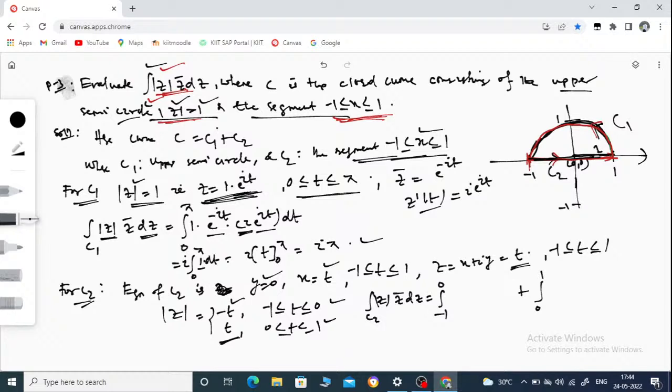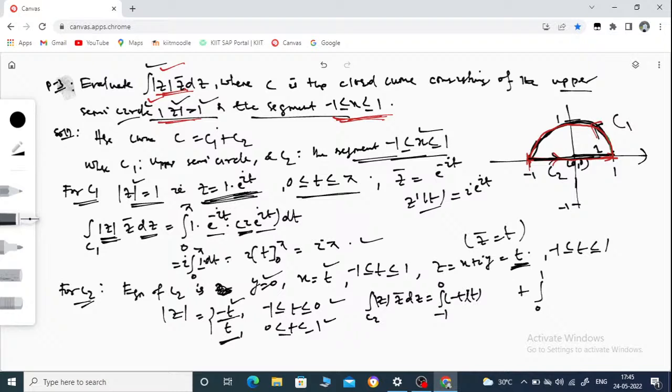In -1 to 0, mod z is minus t, so this is minus t, and what is z bar? If z is your t, then z bar will be t because it has no imaginary part.